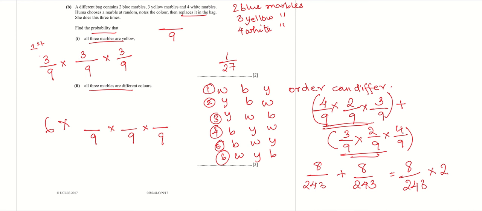So instead of doing that, you can write 4 out of 9, 2 out of 9, 3 out of 9 multiplied by 6, and you will get your answer without showing a lot of detailed working and consuming your time. And the answer is 16 over 81. Your answer.